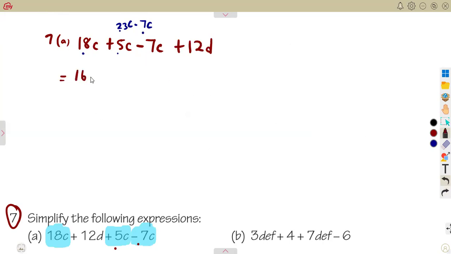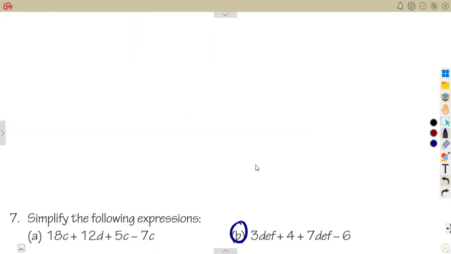So we are going to obtain 16c plus 12d. These cannot be added to the part where we have c. These are called unlike terms. Remember that unlike terms cannot be added or subtracted. So we are going to leave it like that.